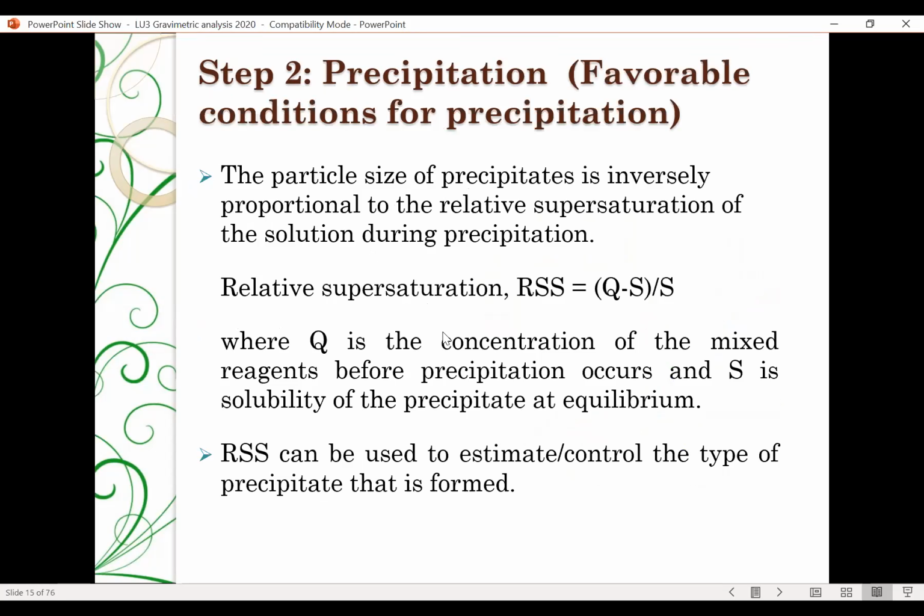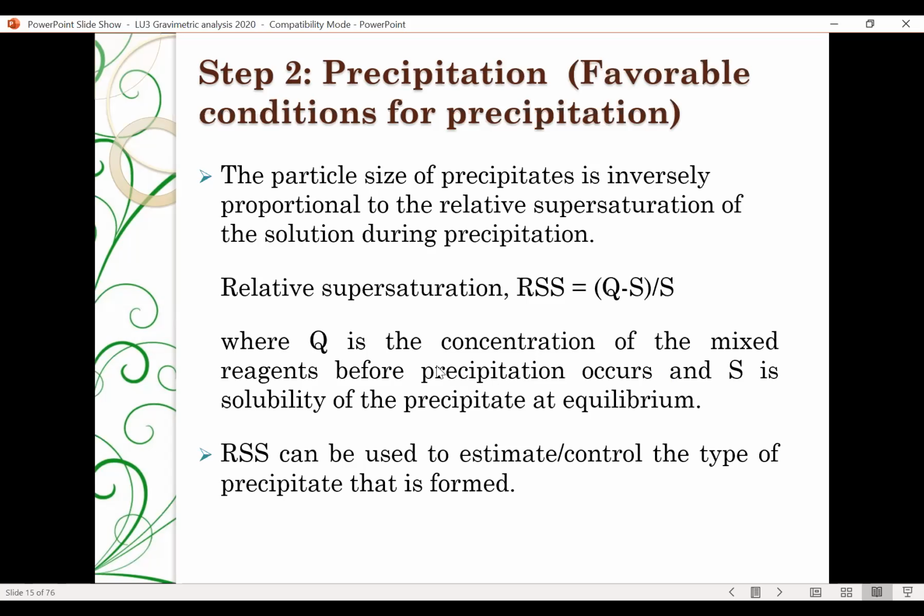So what is relative supersaturation? Relative supersaturation, or RSS, is defined as Q minus S divided by S, where Q is the concentration of the mixed reagent just before precipitation occurs.